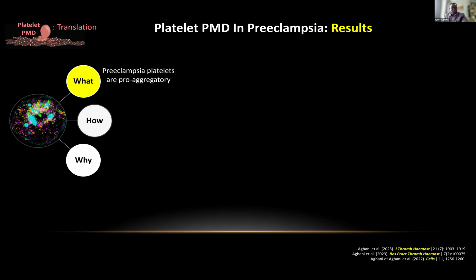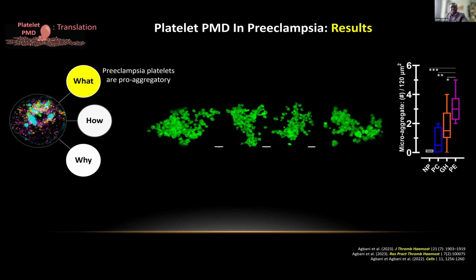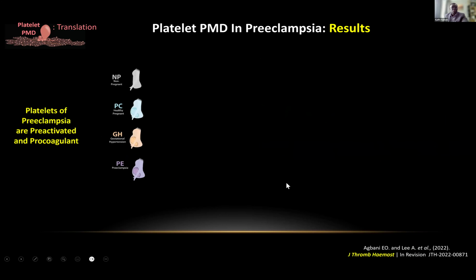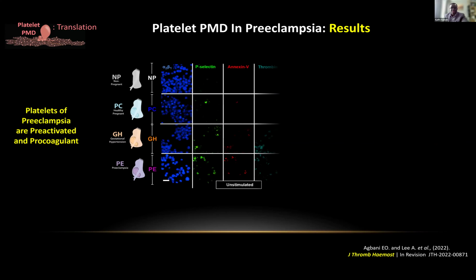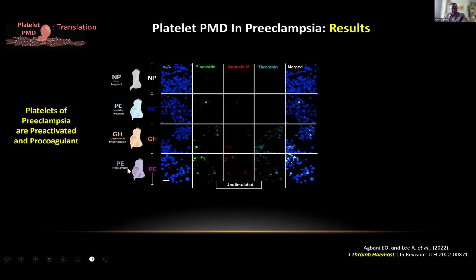Now, what was immediately obvious to us is that preeclampsia platelets are pro-aggregatory, and there is really no specific pattern here because we see them come in homotypic or heterotypic aggregates. But what is clear here is that we see more of these microaggregates in the plasma of our preeclamptic patients. And then gestational hypertension, somewhat following that trend, was significantly different from healthy pregnancy. When we analyze platelet PMD in this cohort, pay attention to the lower panel here with the preeclampsia cohort.